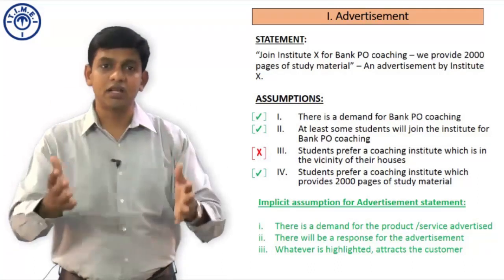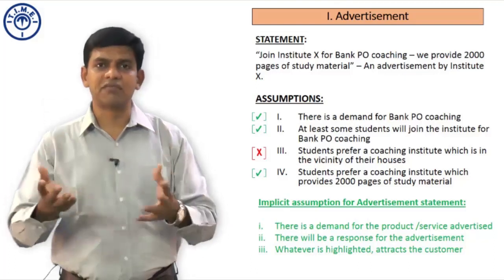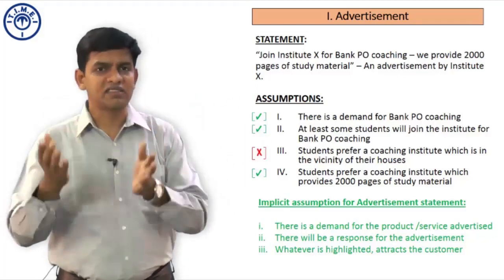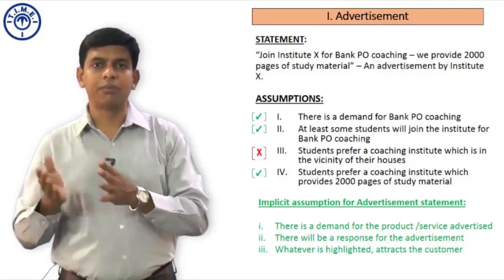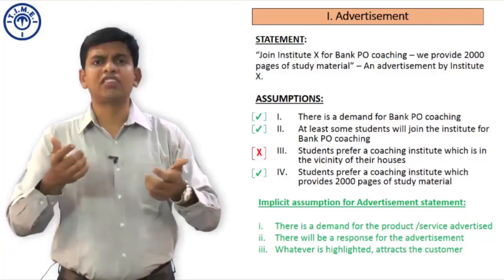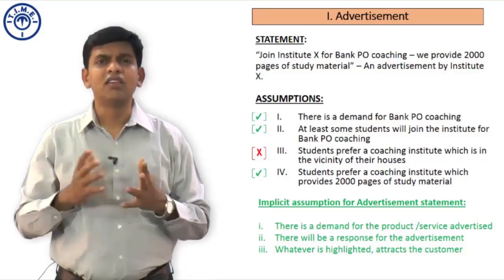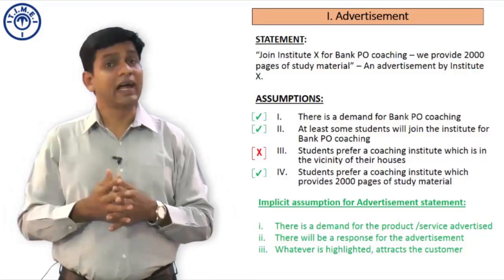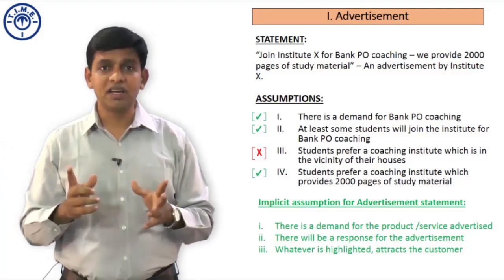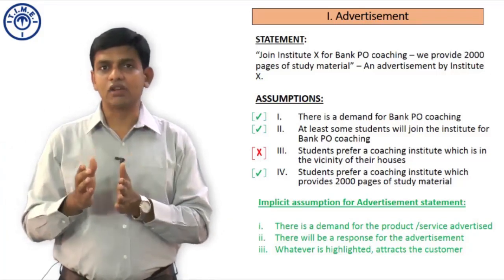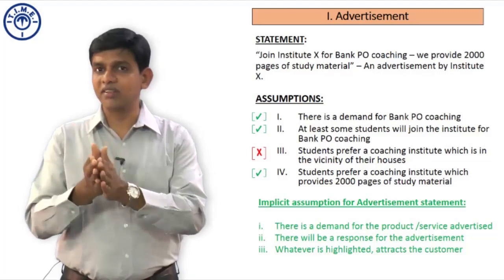So let's look at the second point that is given for me as an implicit assumption in the question itself. The assumption says at least some students will join the institute for bank POS coaching. Now, you may ask me a question as to why is it necessary that by seeing the advertisement, somebody has to join? Please understand, we are under the topic of assumption.